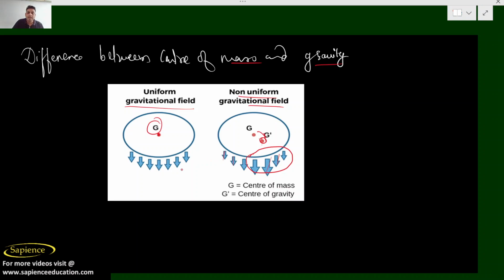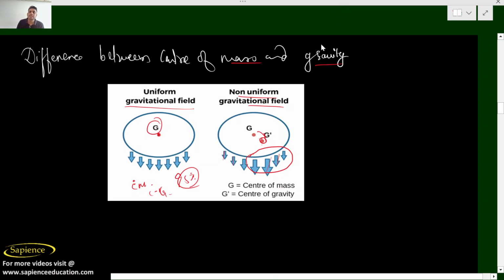But practically, in 90 to 95% of cases we don't encounter this situation, so we take the center of mass and center of gravity as the same point, because we consider that there is a uniform gravitational field everywhere, with only a little variation. Okay, so this is the basic difference between center of mass and center of gravity.